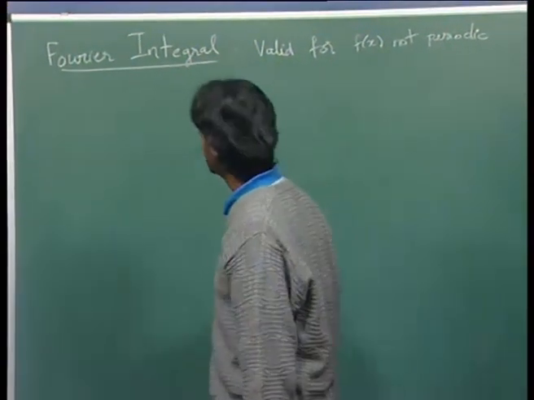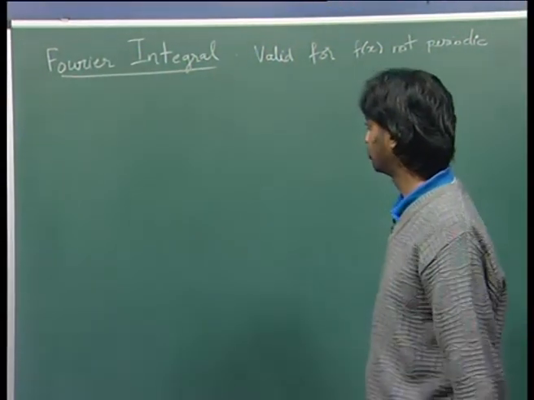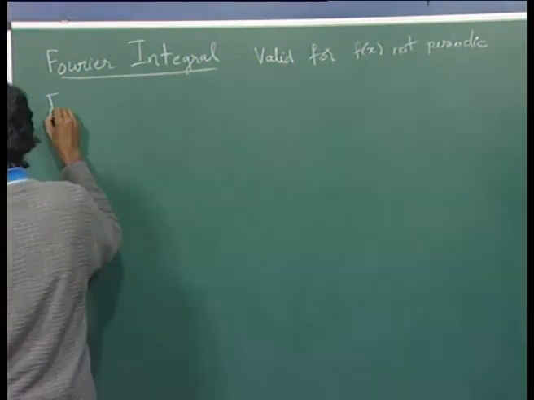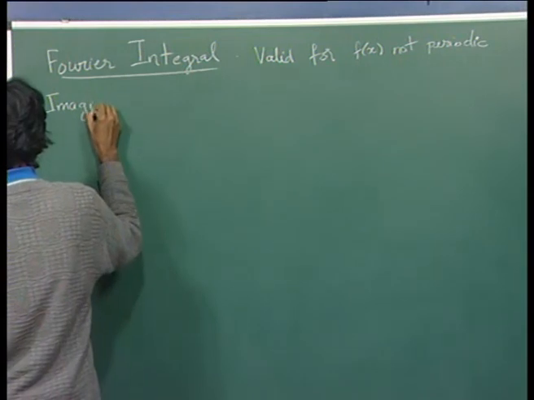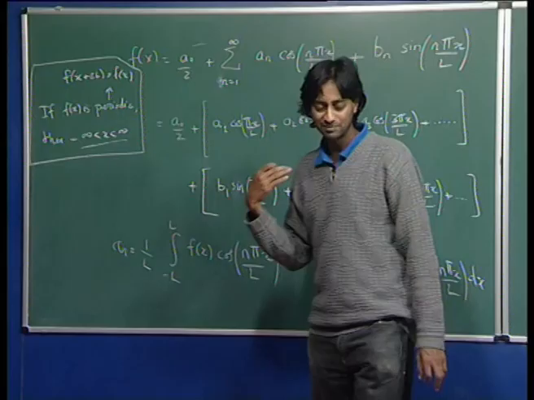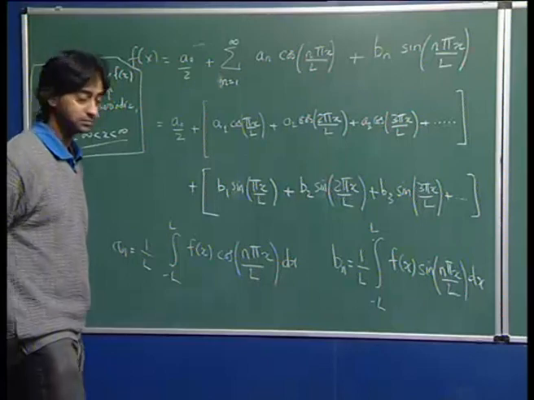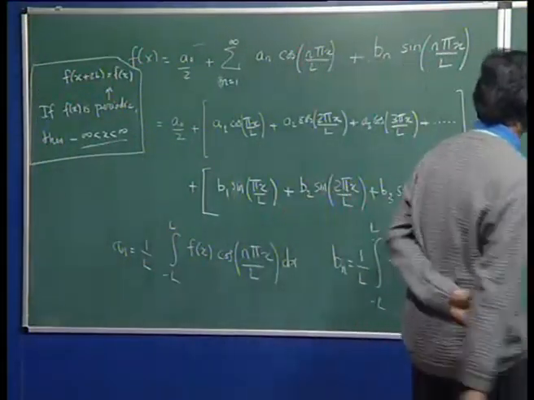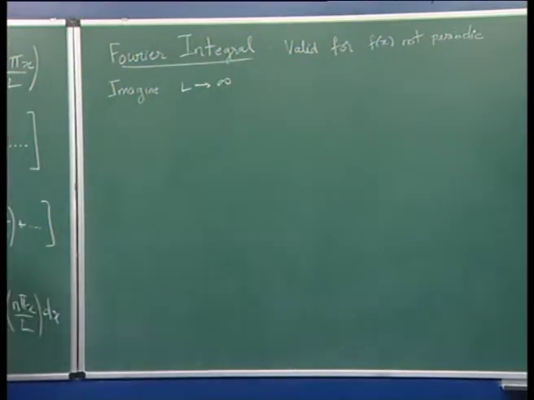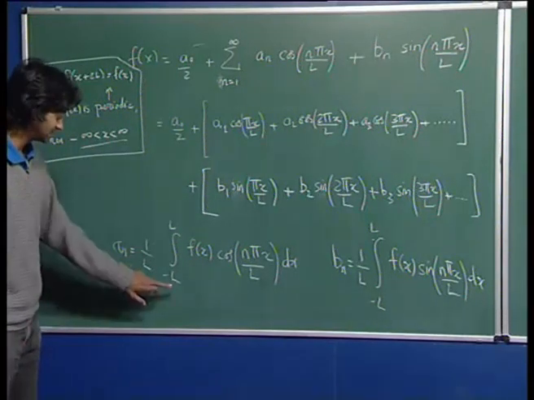We will motivate it by the following argument: imagine L tending to infinity, so your length is tending to infinity. What was this L? 2L was the periodicity of the function. Our integral was from minus L to L, so 1 over L integral from minus L to L.